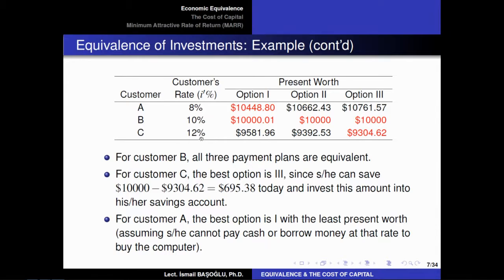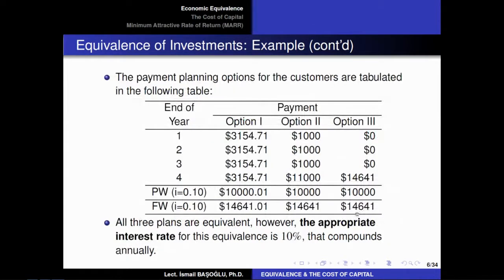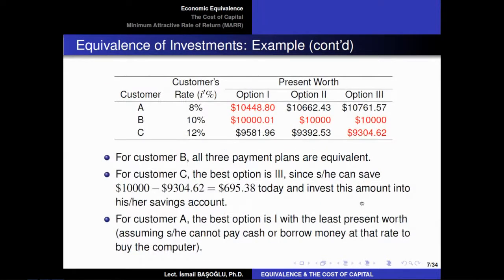And in the end of the fourth year, you will have a lot of money. And in the end of the third year, you would pay $14,641 to purchase the products, which you actually have purchased already in the beginning of the four years.